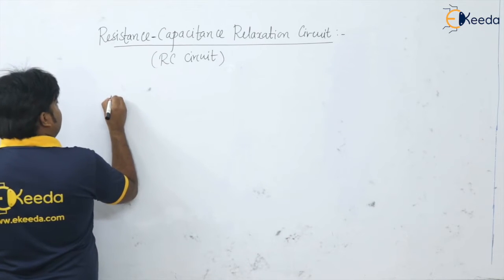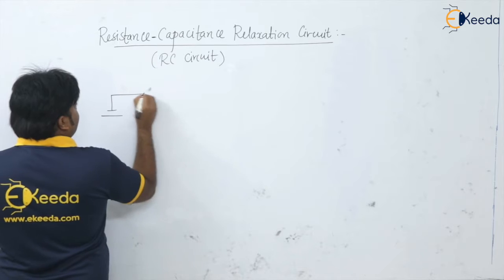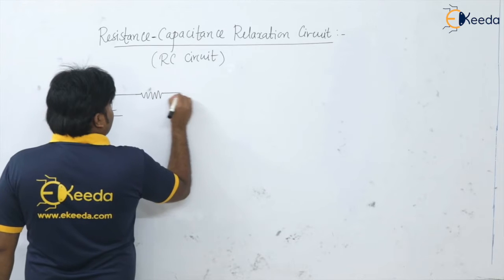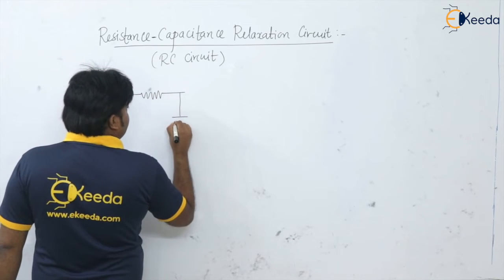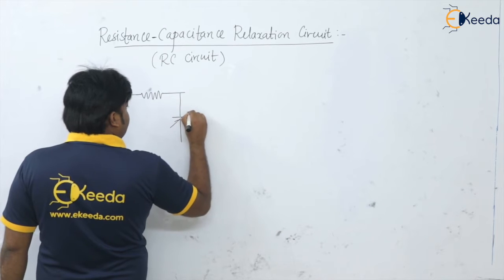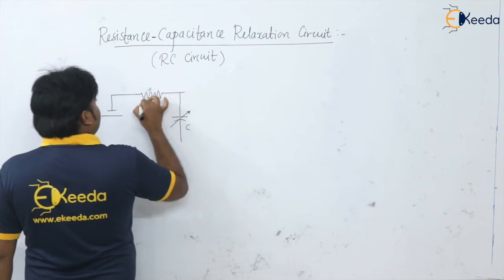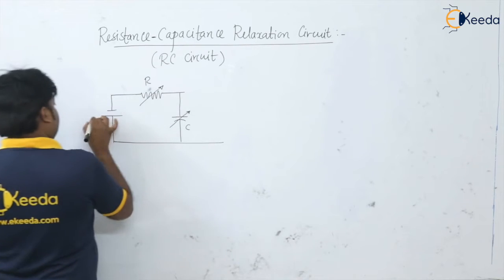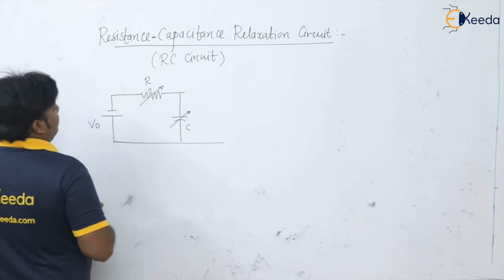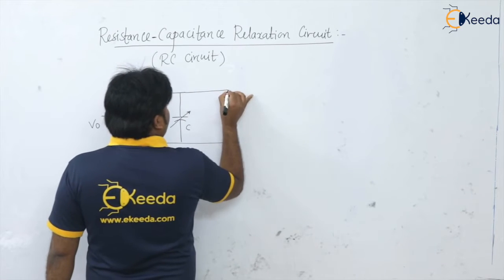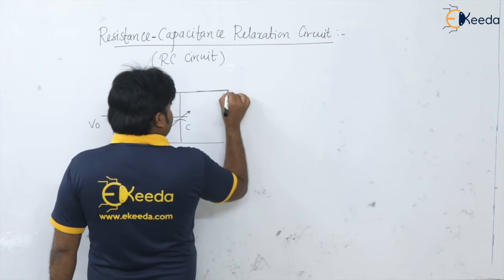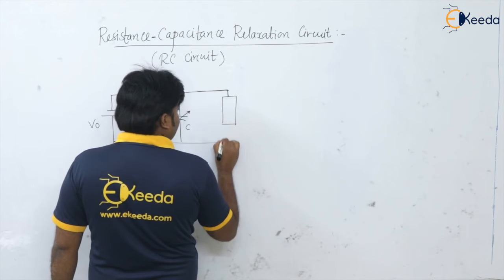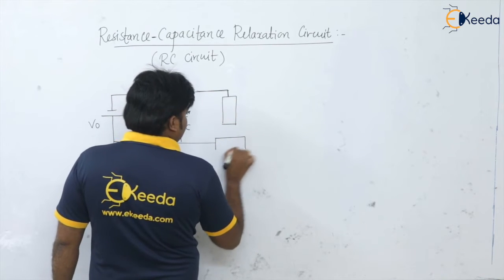So we have here the DC source voltage VO, then the variable resistance R, and the variable capacitor C. Here is the tool, and here is the workpiece.